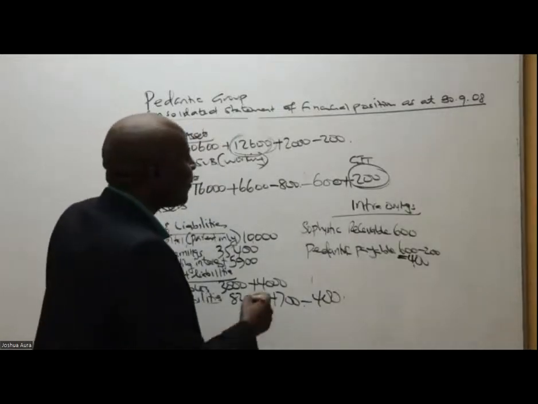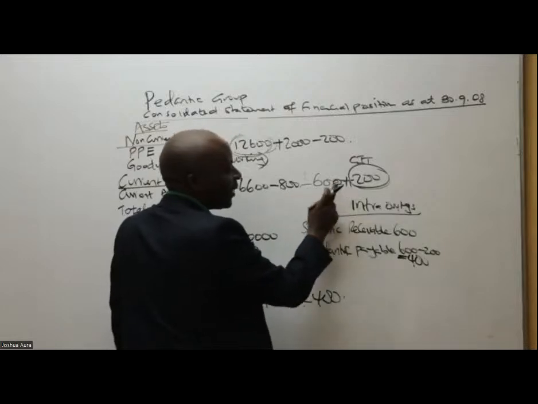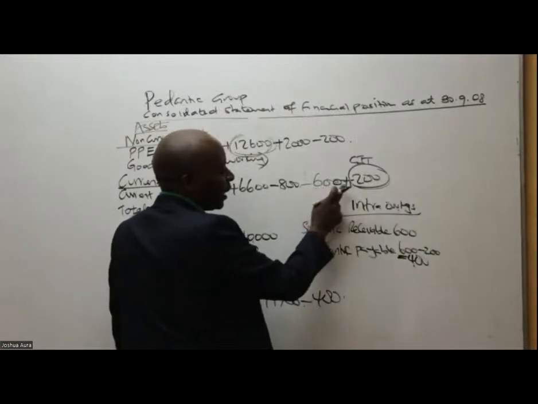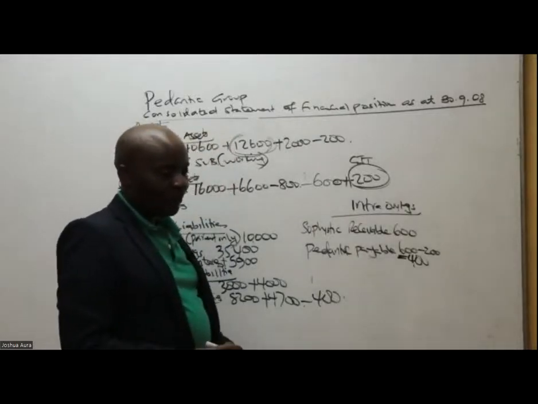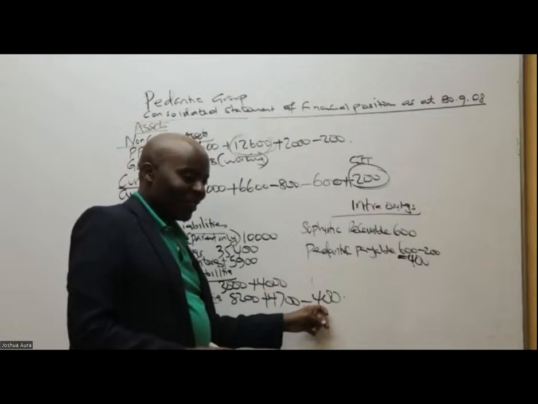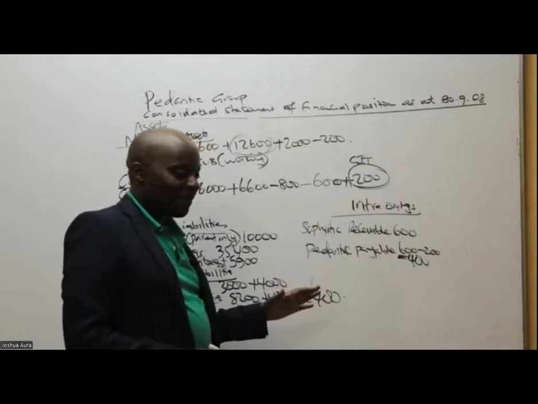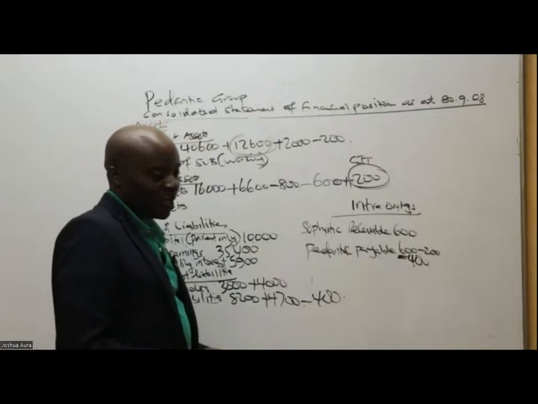Alafu unajua ukiwa mwanafunzi mwerevu, for purpose of balancing, you see minus 600 plus 200. Somebody, what is minus 600 plus 200? It's minus 400, which matches this. For balancing purposes, sasa hapo tuko sawa sawa.